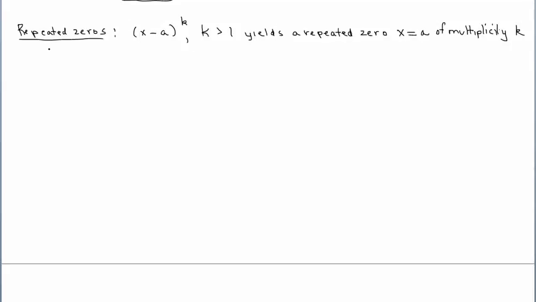Okay, a little more description about repeated zeros. If k is even or odd, we can talk more fully about what the graph is doing at that x-intercept. So there are 2 situations: if k is even or if k is odd.